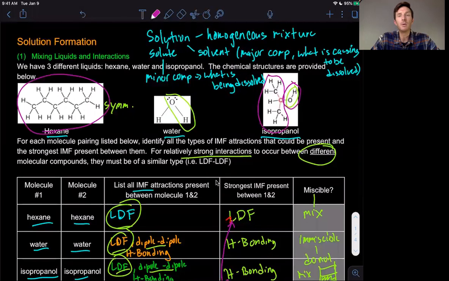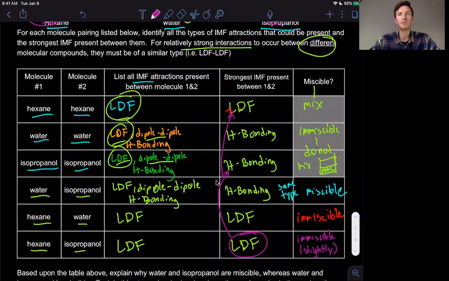So there would be some similarity and some kind of interactions, but obviously not the same as between water and isopropanol, because both of those have the ability to undergo hydrogen bonding. So we can make this observation that the more similar or the more dissimilar they are, that's going to tell us whether those things would be more miscible or less miscible based upon the types of interactions that they can have.